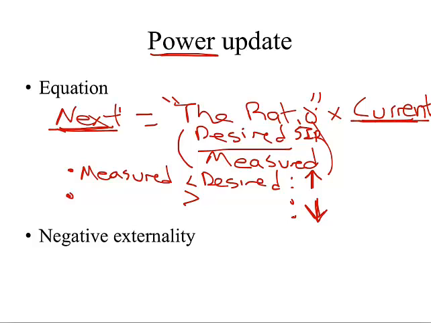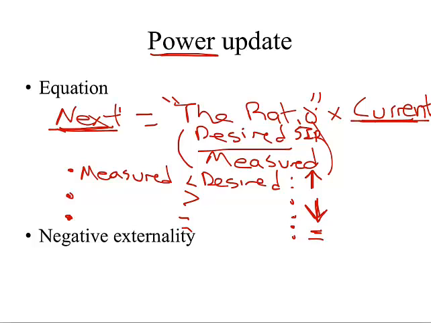And therefore at the same time, I'm alleviating interference to the other transmitters, alleviating unnecessary interference. And the third thing is that if they're equal, well, then the ratio is going to be 1. So the next power level is going to be the same. So it's not going to go up and it's not going to go down.